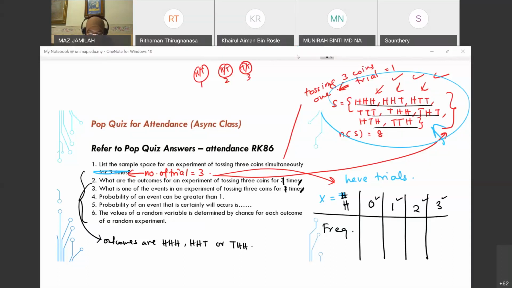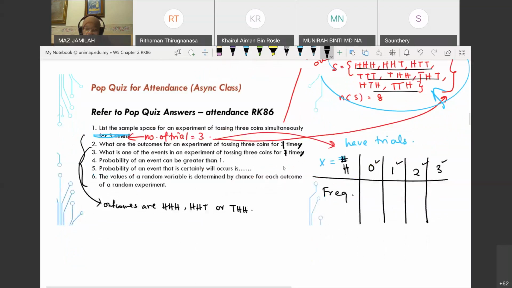Now, next question. What is the event in an experiment of tossing three coins once? Number 3. Look at your definition. An event is an outcome or outcomes of a process whose probability is being calculated. So when you say event, it involves probability.